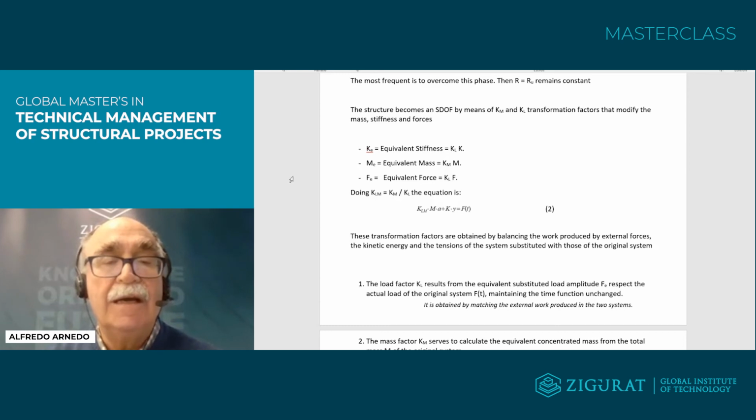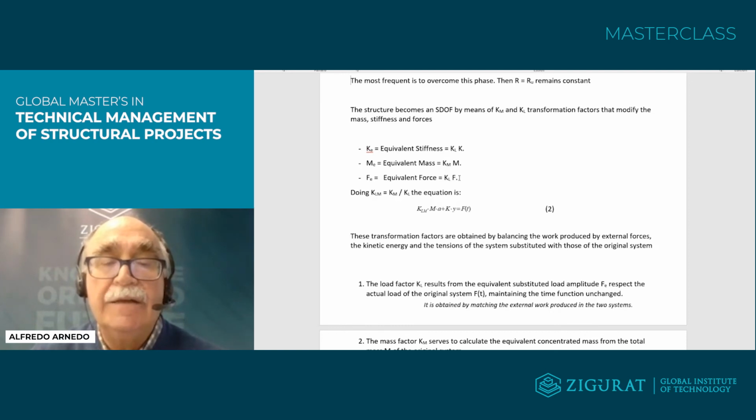So to convert a complex structure, an actual structure, into a single degree of freedom, there are some transformation factors. One is to convert the total mass into an equivalent mass, the stiffness of the structure, and the variable forces into one equivalent force due to a horizontal pressure in that case, or vertical in case of a roof.